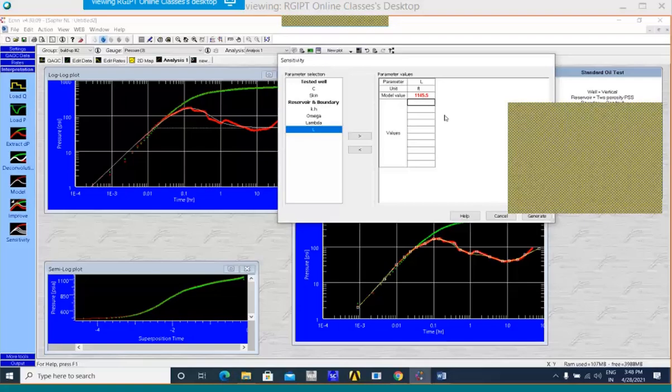If you want, I can decrease this. Okay, 100, 200, 500, okay, 100. 200, 300.